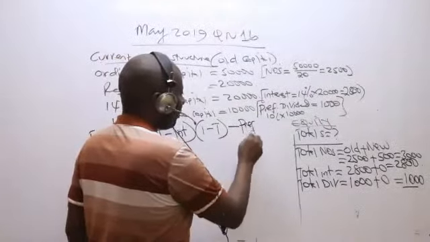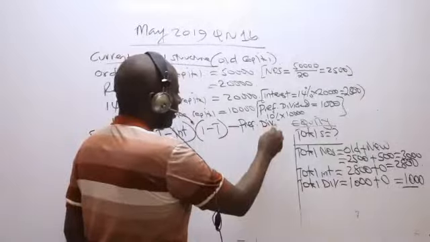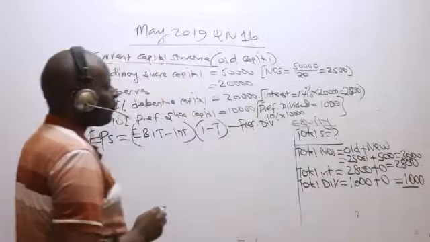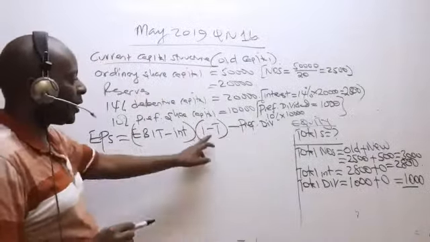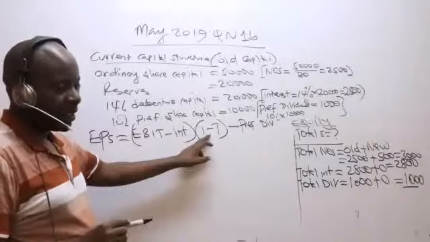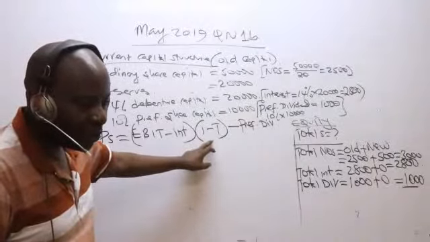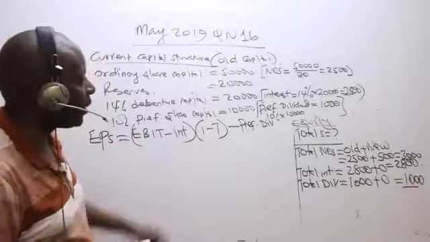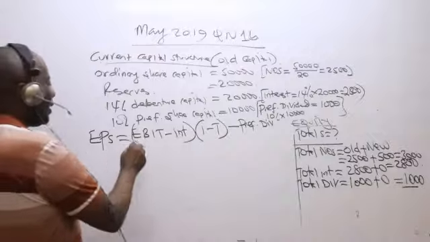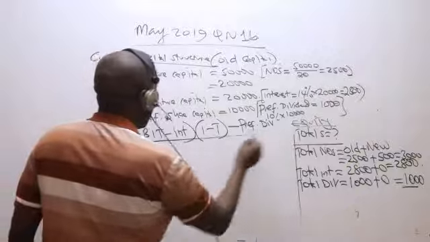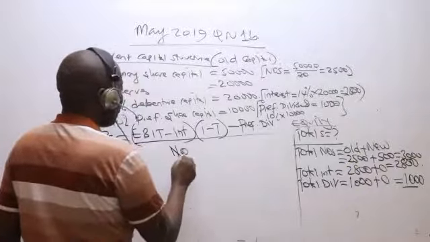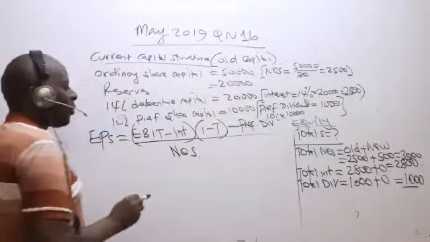We subtract preference dividends. Remember, preference dividends can never be taken into the tax bracket. So divide this by the total number of ordinary shares.